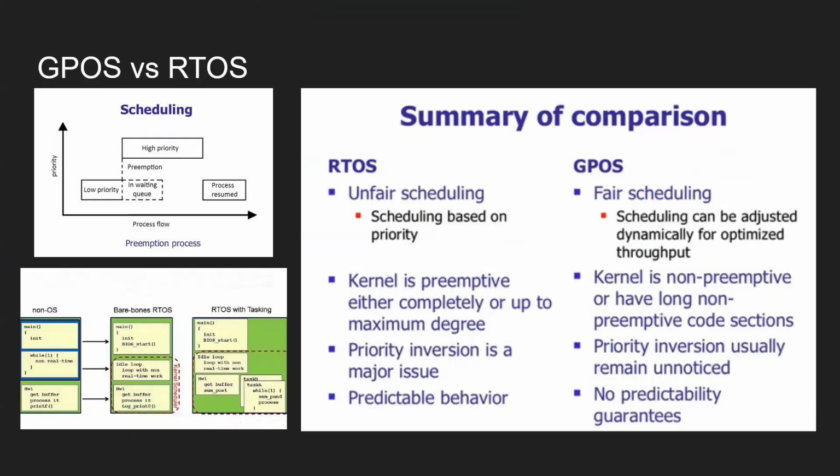So, unfair scheduling in an RTOS: every process has a hard-coded priority. If you see on the top left, every time a high priority process wants to be run while a low priority process is running, the high priority process will preempt the low one and start running.